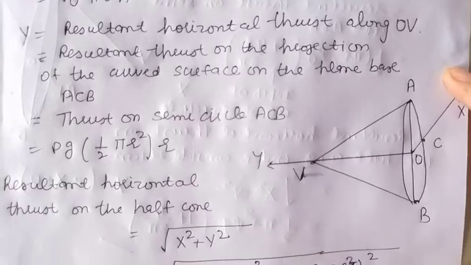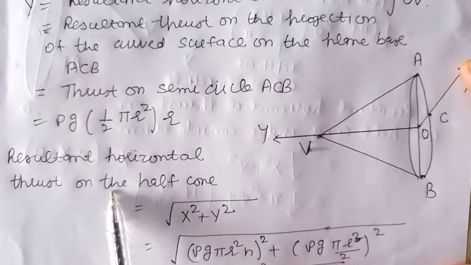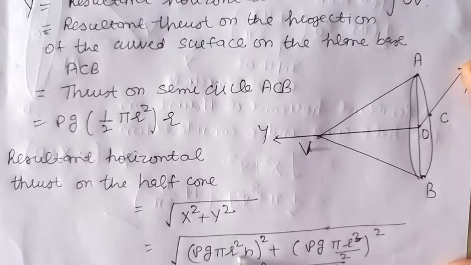So we can find the resultant horizontal thrust on half of the cone, which is given by square root of x square plus y square. Now the value of x is rho g pi r square h, and the value of y is rho g pi r cube by 2.